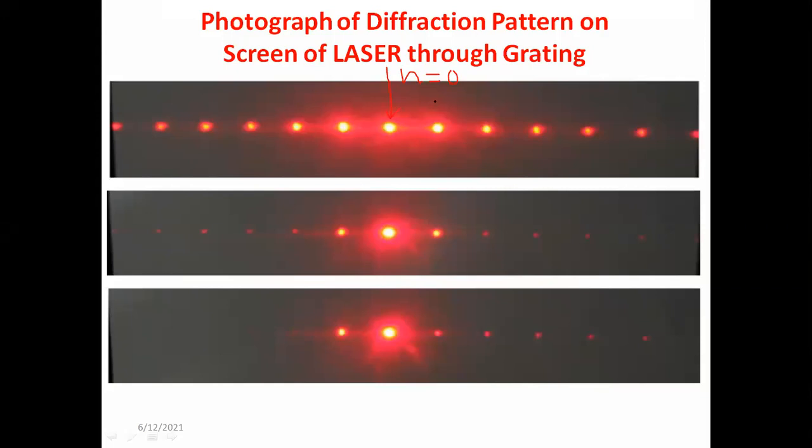Then n is equal to 1, this is also 1 on either side, then n is equal to 2 on both sides, this is 3, this is n is equal to 4, and n is equal to 5 on both sides.